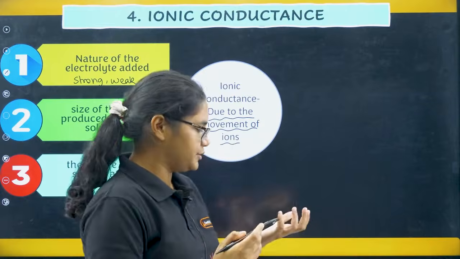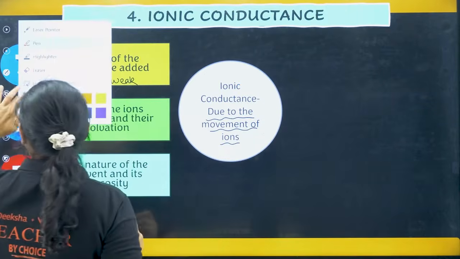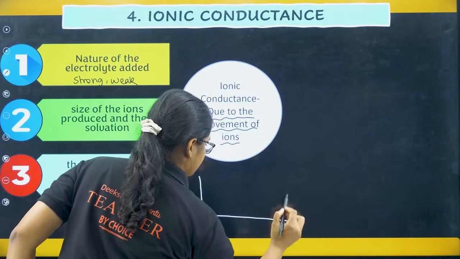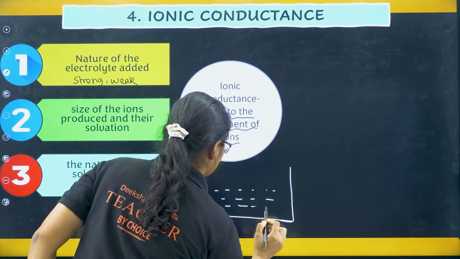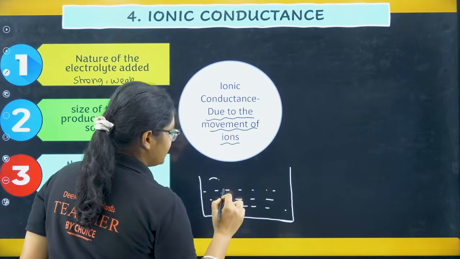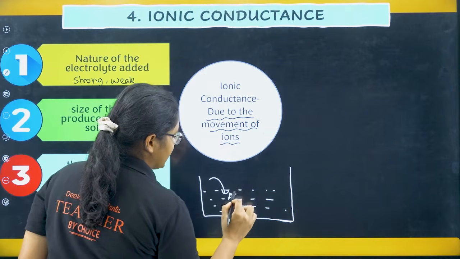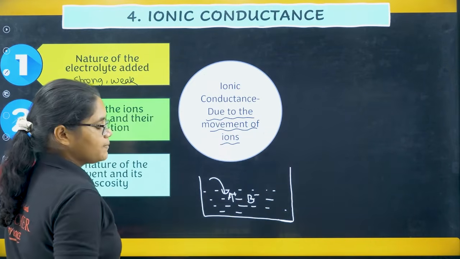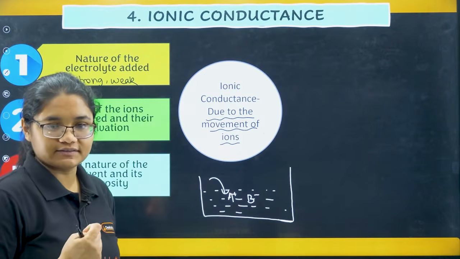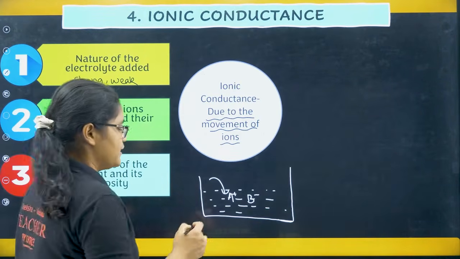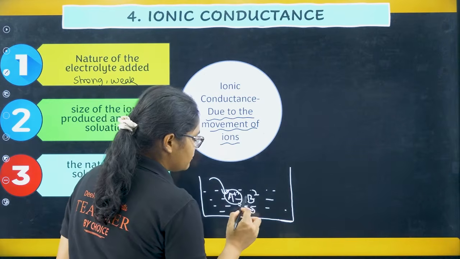Now you can imagine I have a tub like this. Here this is the solvent and you added electrolyte, A plus and B minus. Now if this solvent is highly viscous, meaning a very thick solvent, then this A plus cannot move properly.